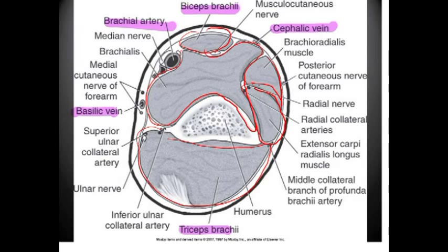But pretty much what you need to understand from this image is what I actually have highlighted in purple. We also have the brachial artery and the basilic vein. Notice how the basilic vein and the brachial artery have kind of separated now.